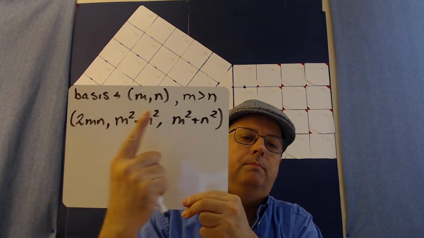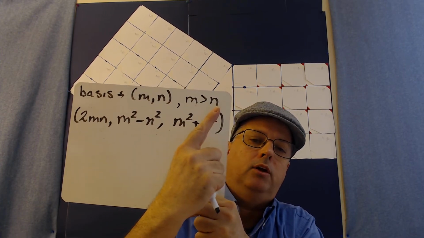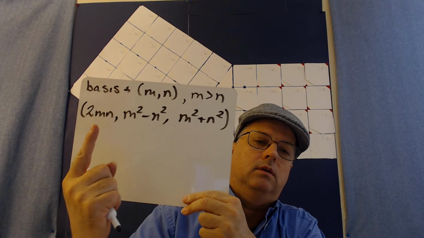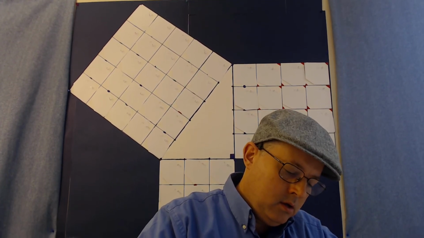This was our basis of m and n, and m had to be greater than n in this formula, and this formula generates Pythagorean triples, A, B, and C, where a squared plus b squared equals c squared.